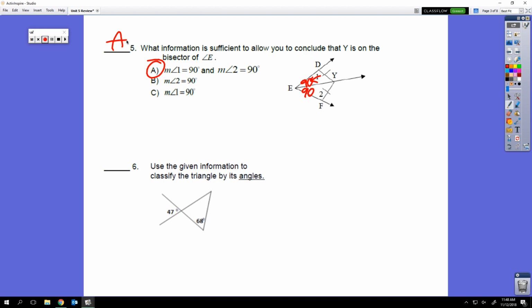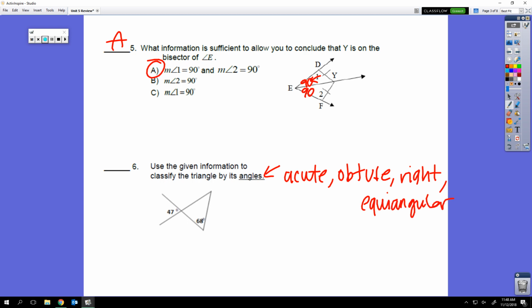Number 6, use the given information to classify the triangle by its angles. Okay, this means it could be acute, it could be obtuse, it could be right, or it could be equiangular. Okay, that means where all the angles are the same.